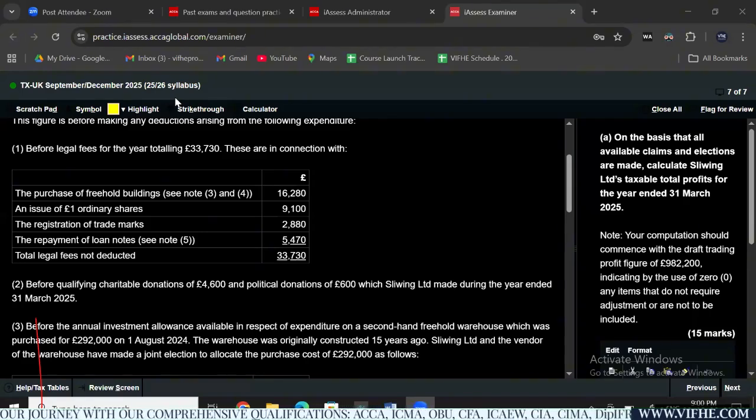It is the legal fee associated with the loan which is deductible. See, the focus is the legal fee. Legal fee, if it is related to the issuance of ordinary shares, is a one-off activity, and if any legal fee or professional fee is associated with it, that is also to be treated as a capital expense and it is disallowed. It should not be deducted.